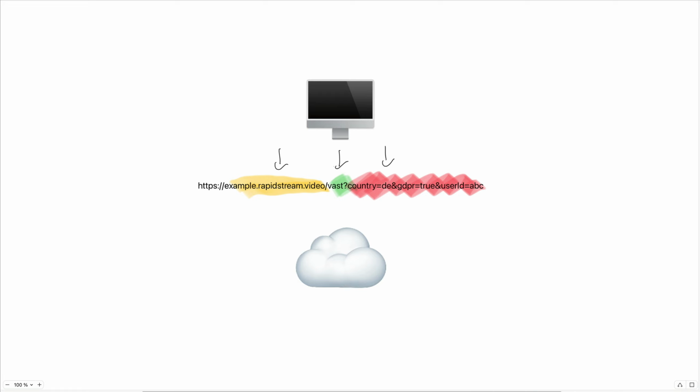So this is what happens with the ad server configuration and the URL you request the VAST from. I hope that was easy to understand.